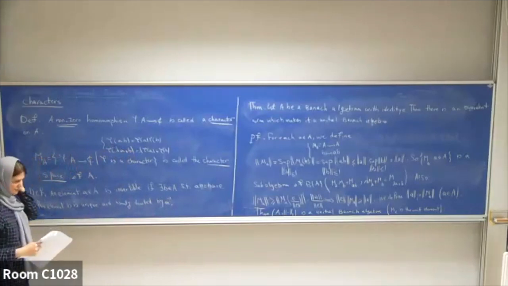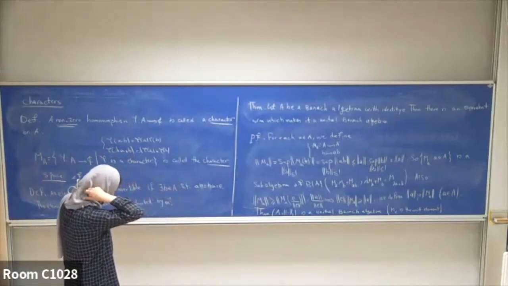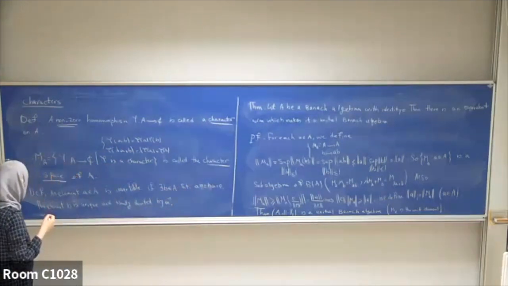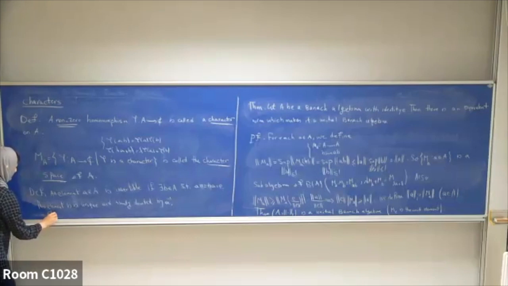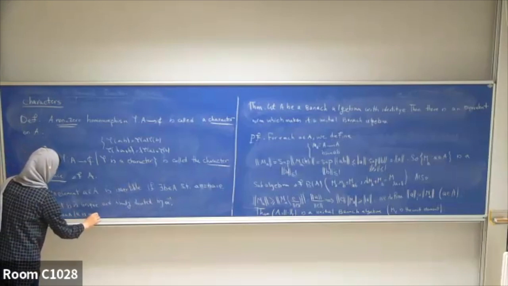And we set all invertible elements in this set. A inverse is the set of A in A such that A is invertible, the set of all invertible elements.